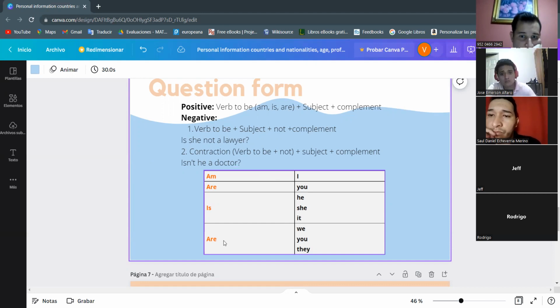If you want to ask someone if they are studying, for example. Verb to be and the subject, how would the sentence go? Are you? If you want to know if they're a student, just complete the sentence.